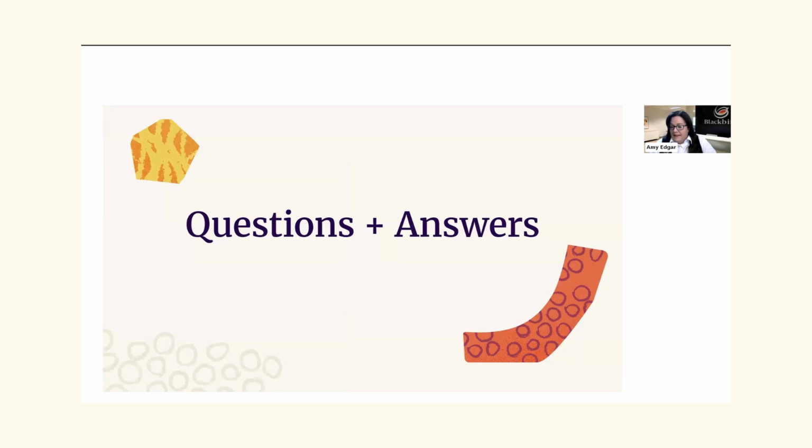And that is what I wanted to share with you in terms of the webinar content. And I'm excited now to take your questions and really move from talking to you to talking with you.